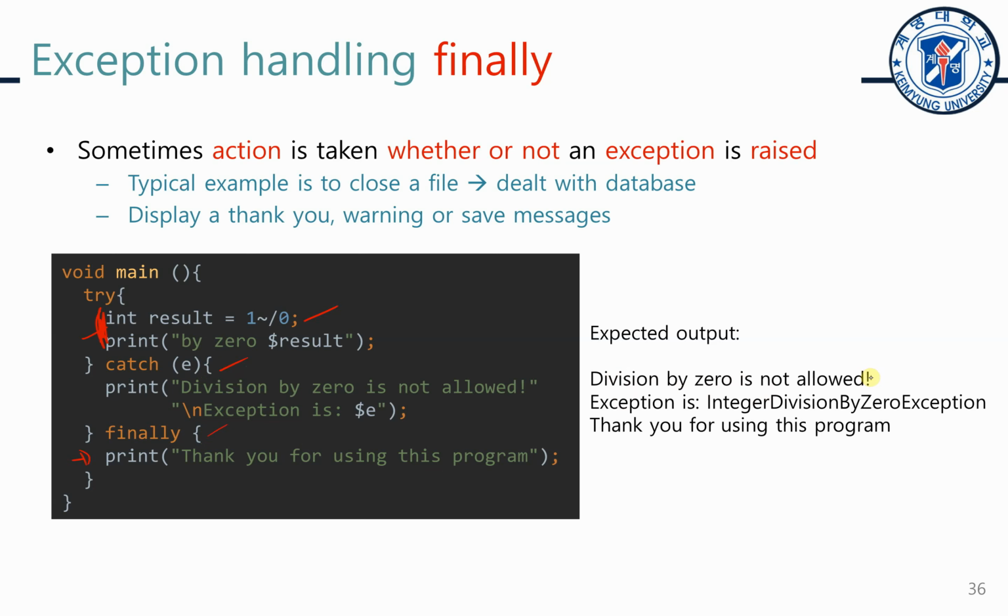This is for the user. This is for you, the programmer, so that you can know which exception it is, or if there are different exceptions. And then the thank you message is also for the user. Let's go ahead and write this program and see how it works.